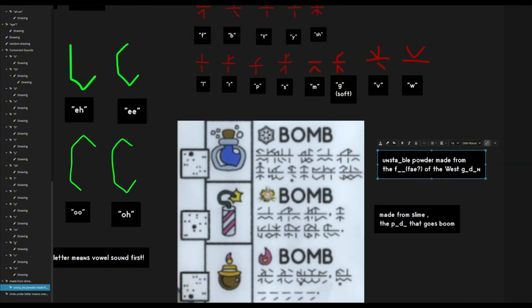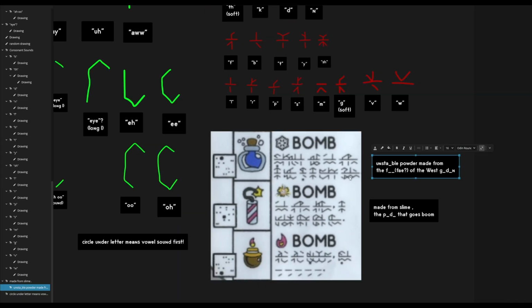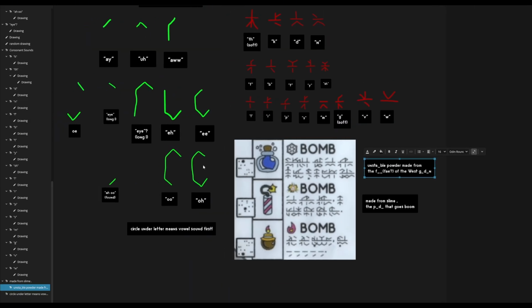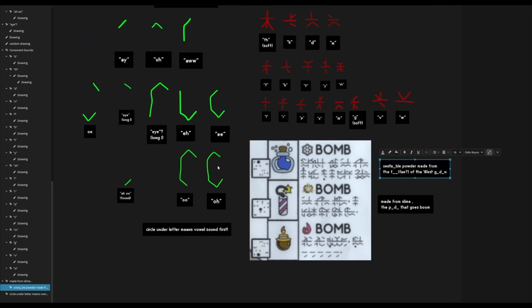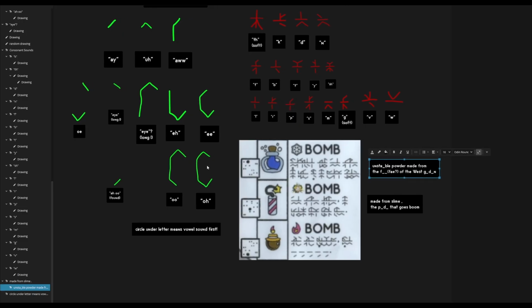Wait. Here. D, N, D, something N. Den. Now I'm doing the thing where I do consonants and vowel sounds in my head.